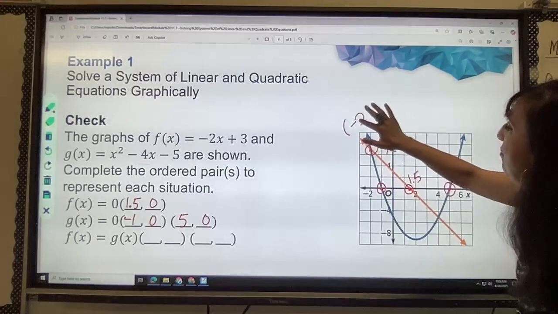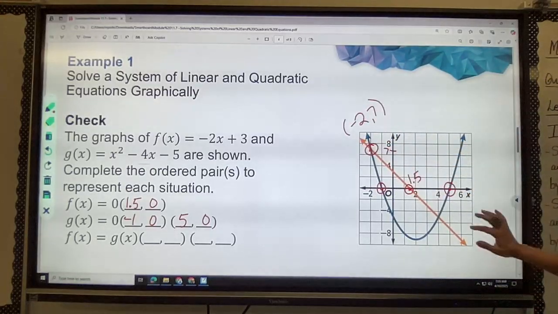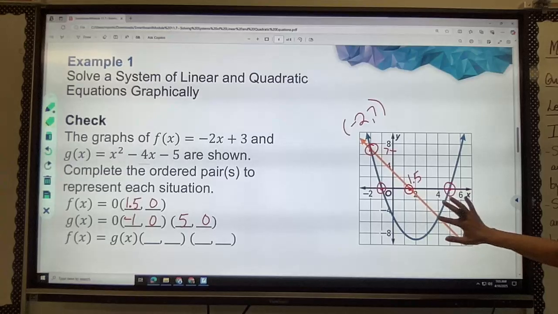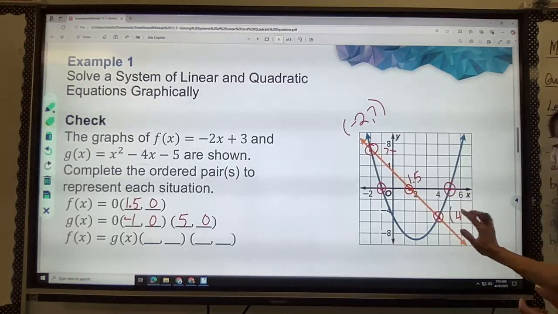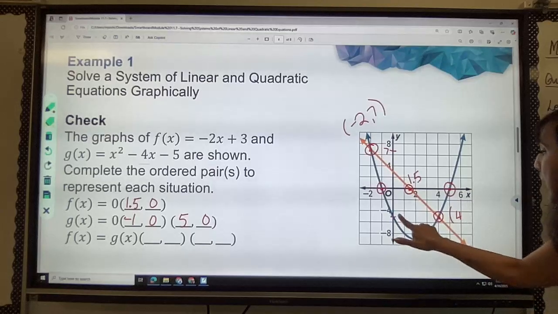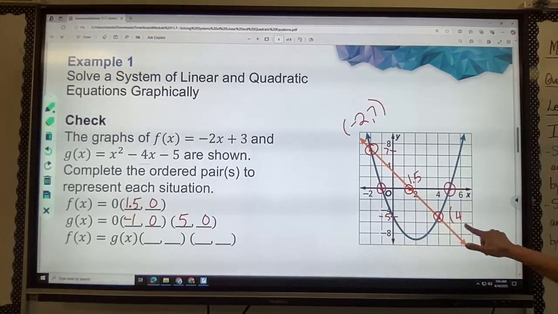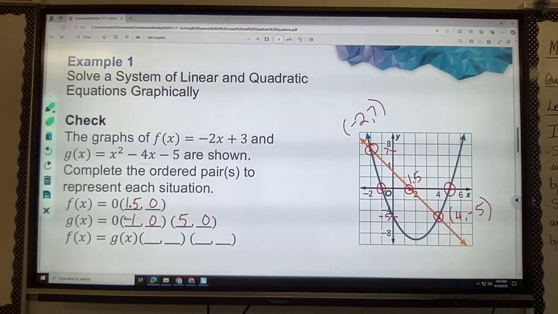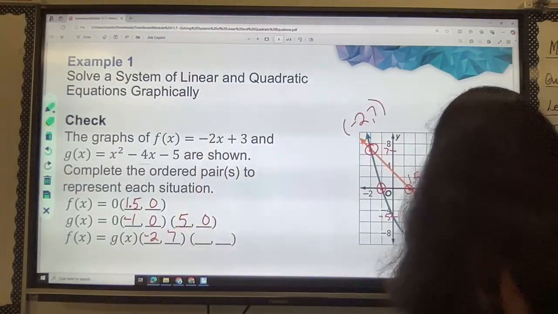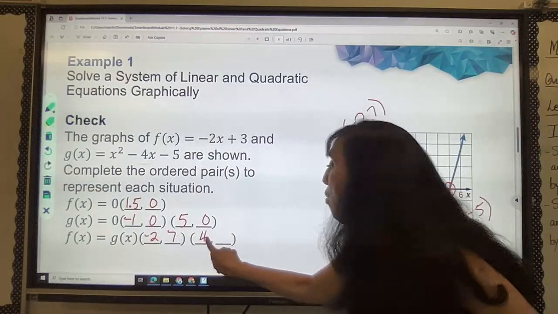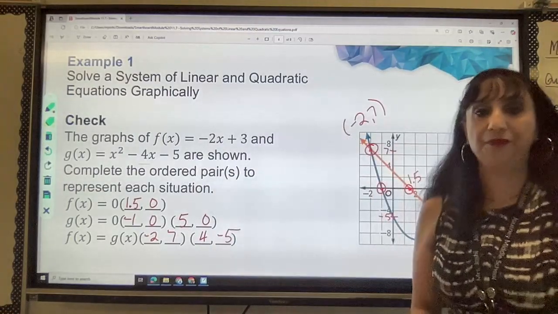So I have -2, 7. And in this case, it is here, okay, which is going to be, this is 4, and then here in the middle is going to be -5. So 4, -5. And these are the two solutions. So I'm just going to write this here, -2, 7, and I have 4, -5.